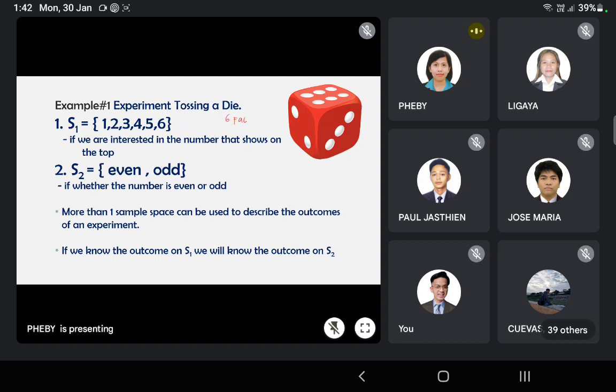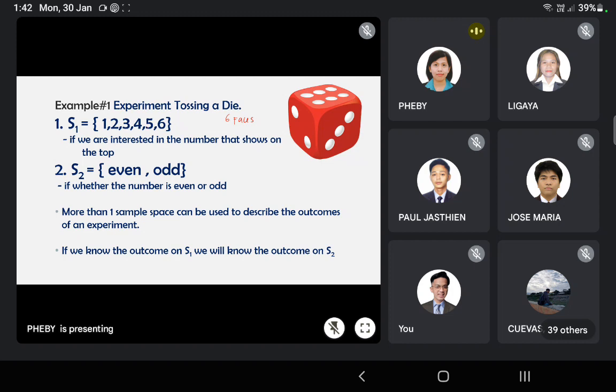Pag nag-toss tayo ng die, either of the faces pwedeng mag-show sa ibabaw. So sample space S1 is equal to the set 1, 2, 3, 4, 5, and 6.